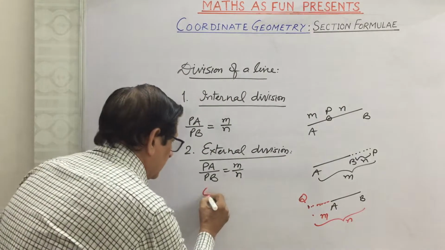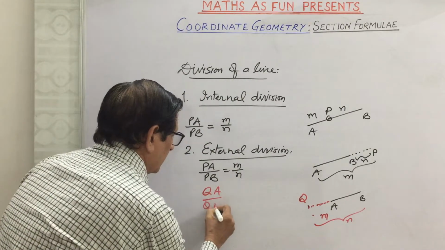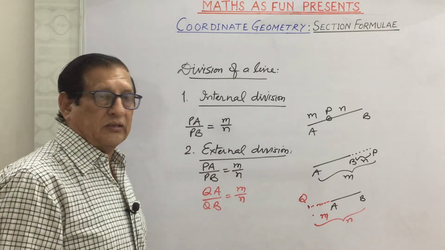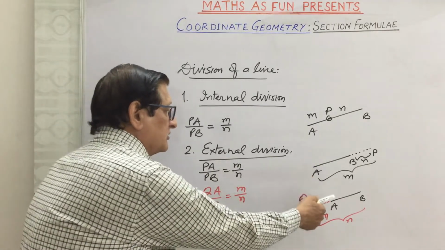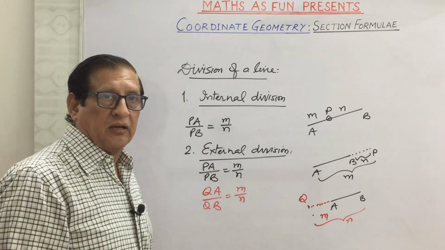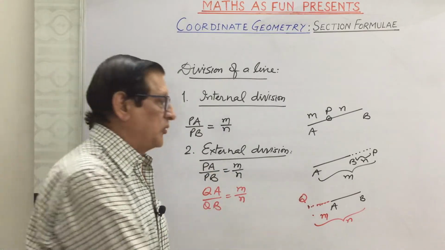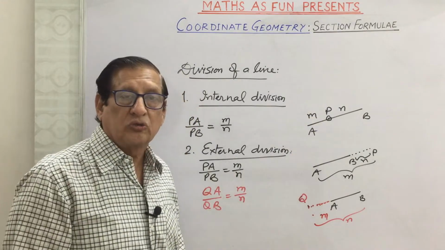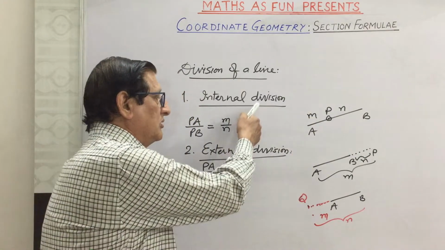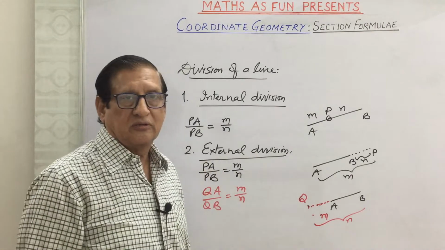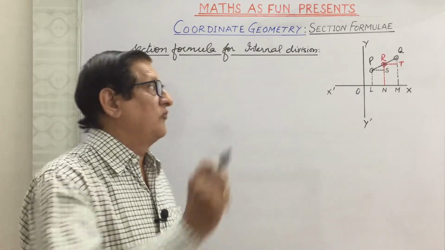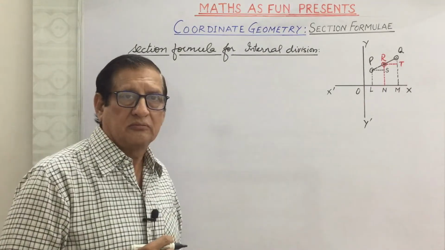So we find here QA upon QB is equal to m:n. Then also it is the external division. We have to find out the coordinates of the point which is dividing the line in the given ratio either internally or externally. Now to learn about the section formula for internal division.